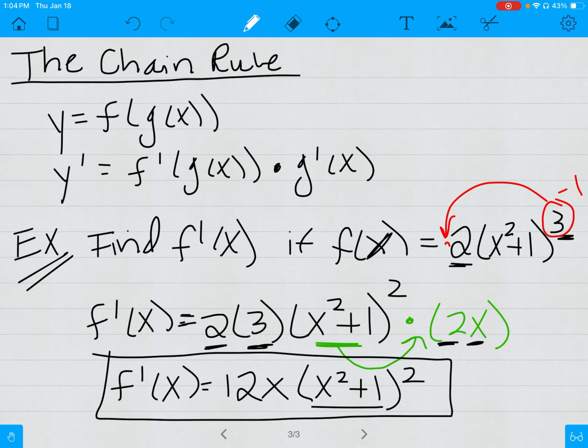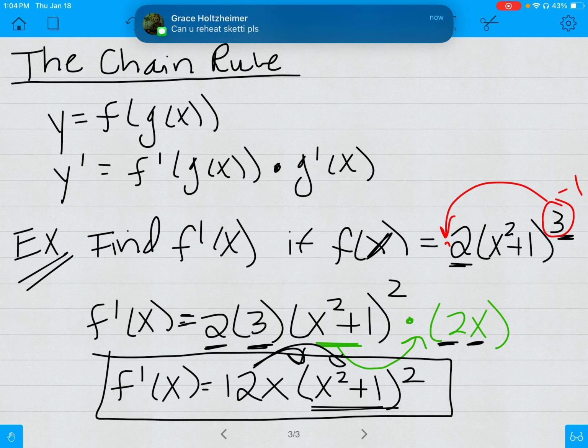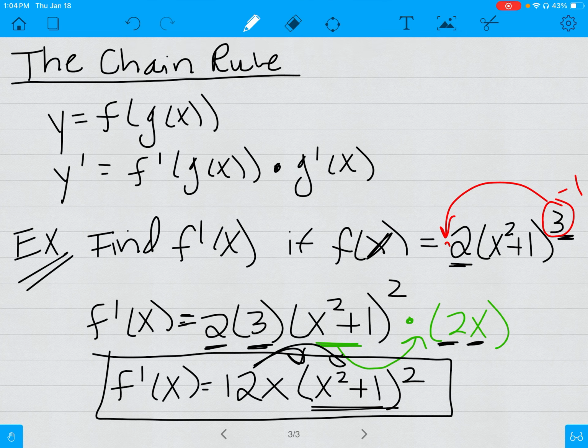If you wanted to, you could FOIL this together and then distribute the 12x. That would be totally doable. But we can just leave it in this form as well. Okay, the 12x times the x squared plus 1 quantity squared.